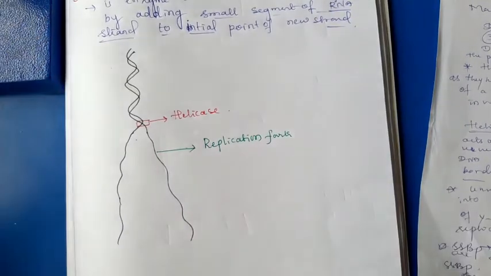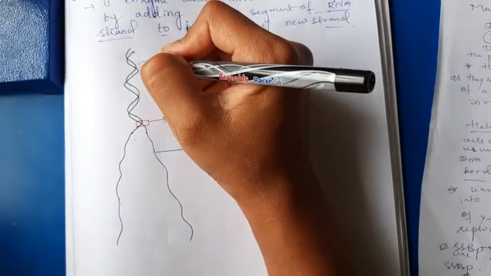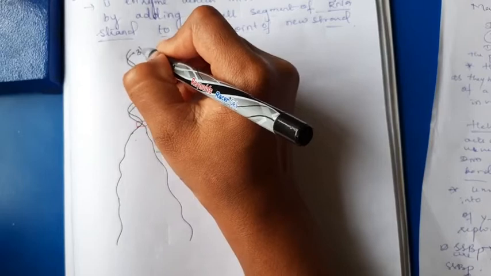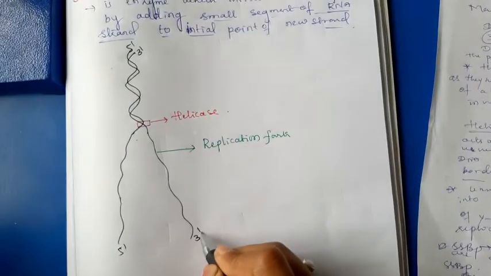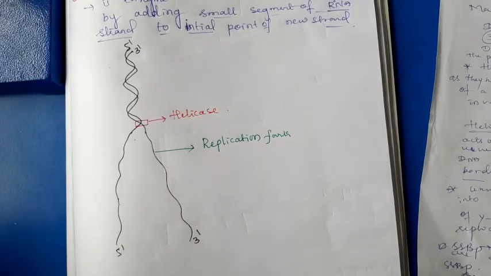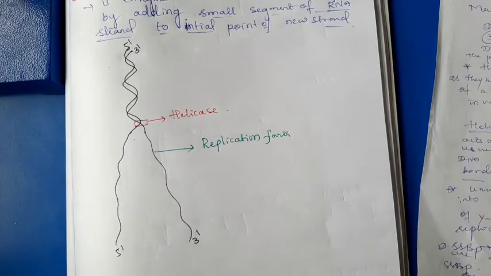The parental DNA has the polarity 3' to 5', 5' to 3'. DNA replication always occurs in the 5' to 3' direction.